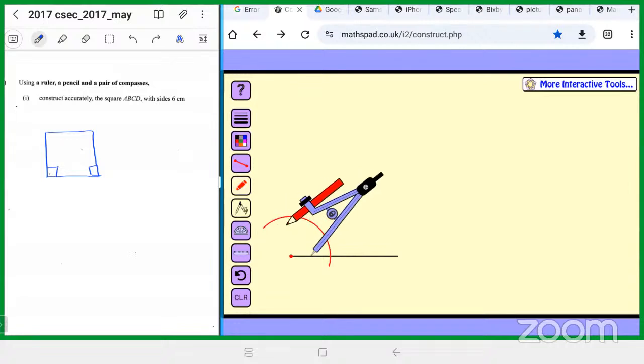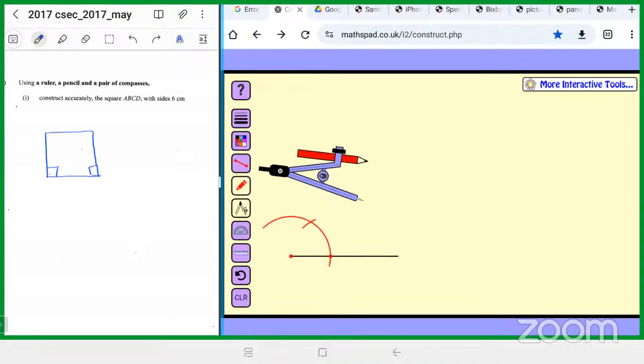Then I move the point and I cross that first arc right there. And then I move the point again. Hold on.